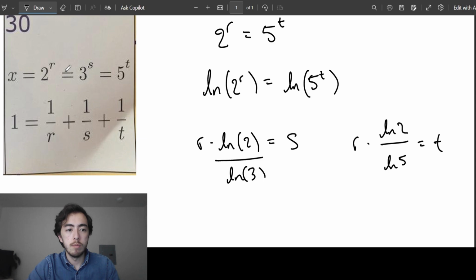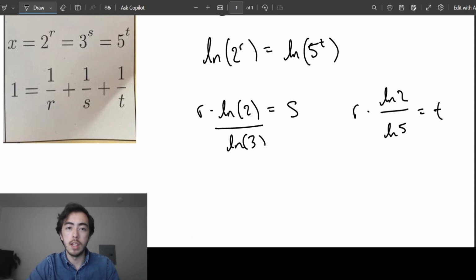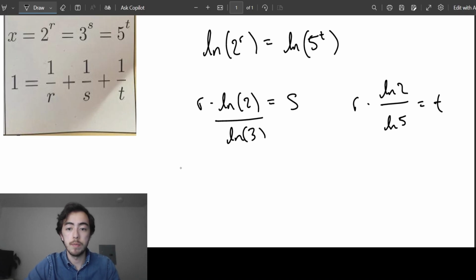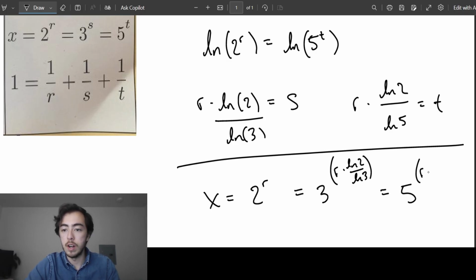So let's maybe just rewrite everything, replacing any s or t I see. So x is going to be 2 to the power of r, which should be the same thing as 3 to the power of, and then s right here is r times natural log 2 over natural log 3. And then t is going to be r times ln 2 over ln 3.